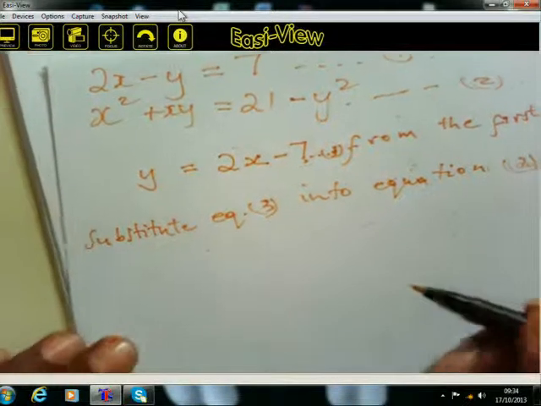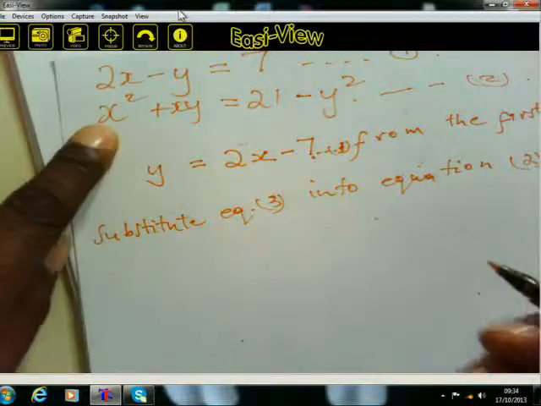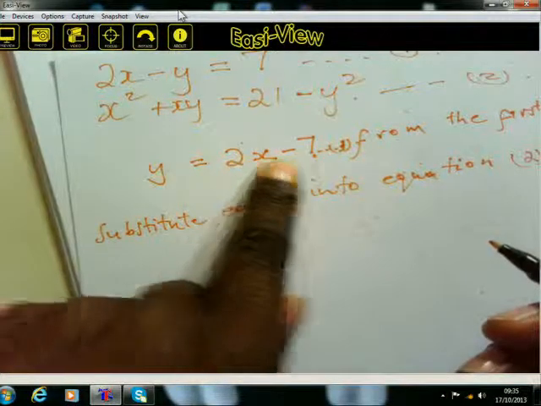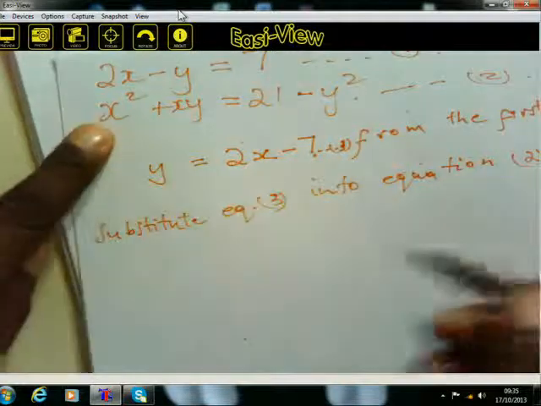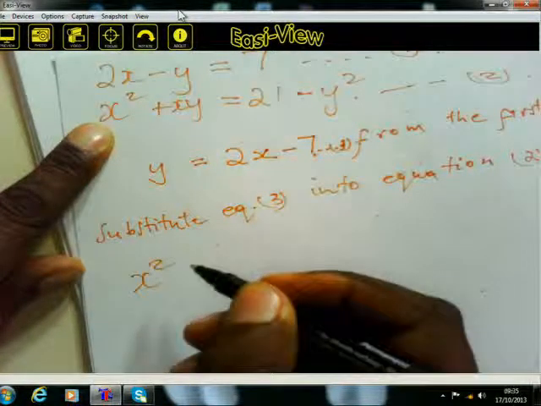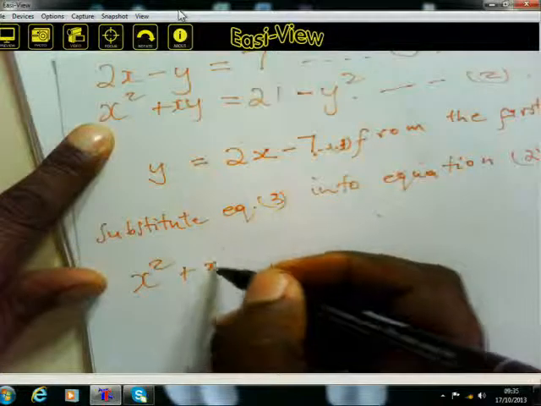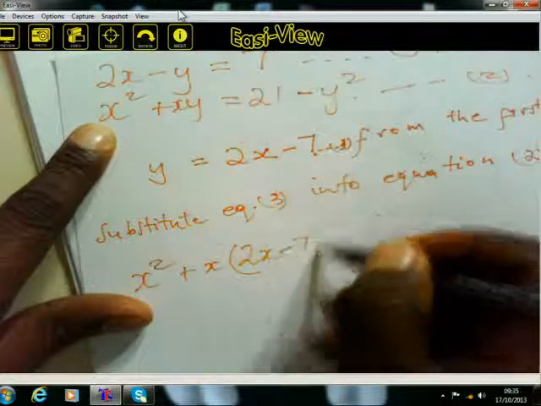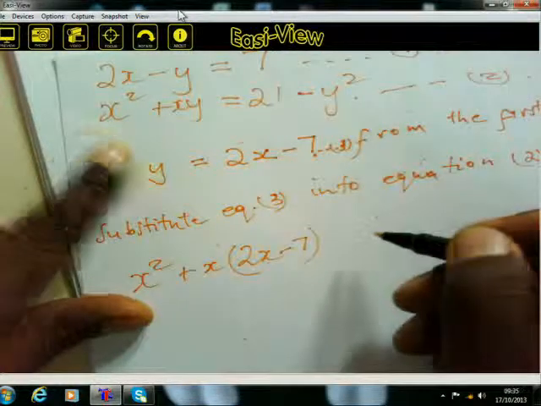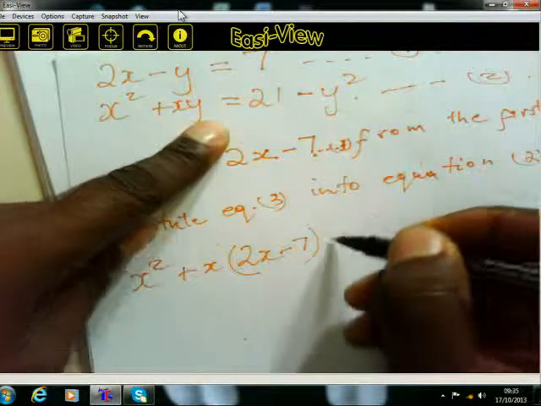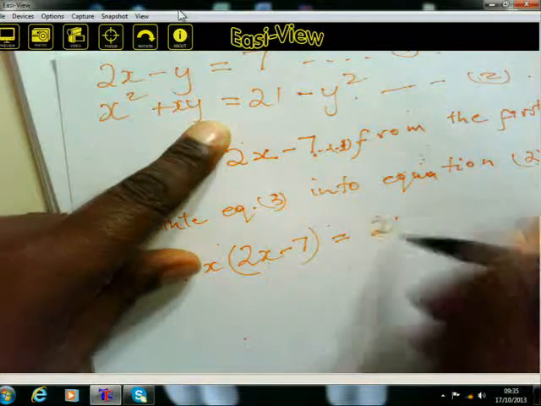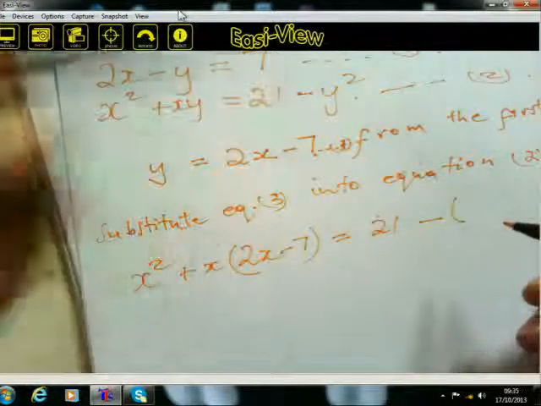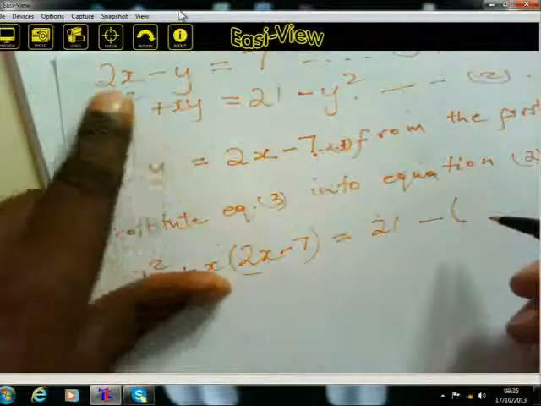Now what happens there is going to be like this. Y should be substituted by 2x minus 7. So we are going to have x squared plus x into 2x minus 7, now it's equal to 21 minus y, which should be substituted by what?